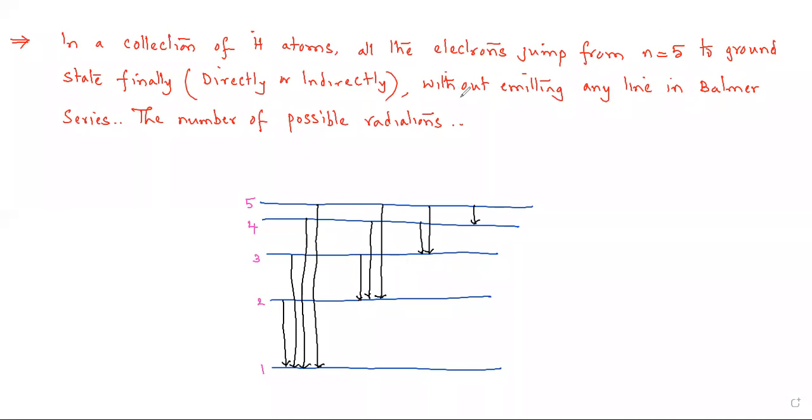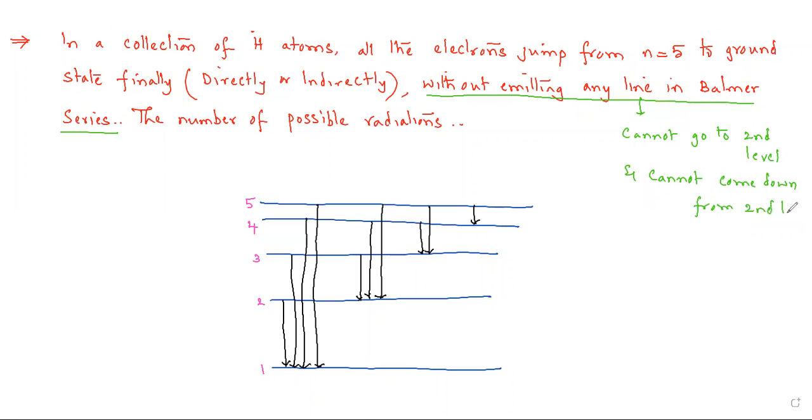So considering this, without emitting any line in the Balmer series, remember the electron cannot go to the second level and cannot come down from the second level.